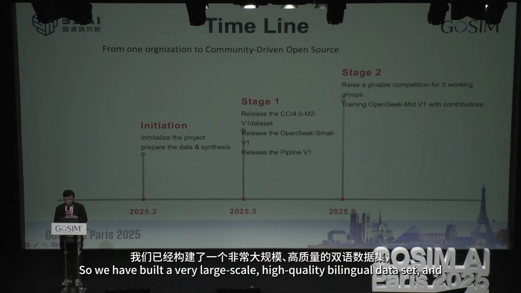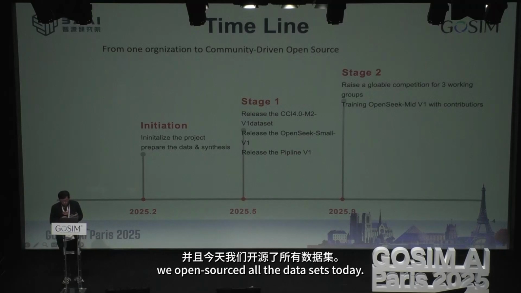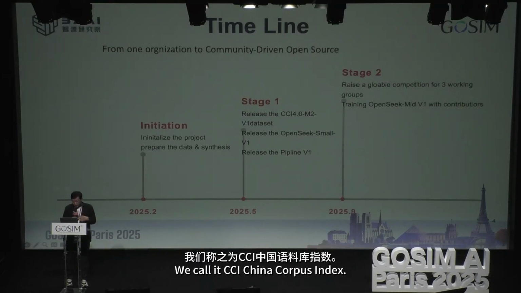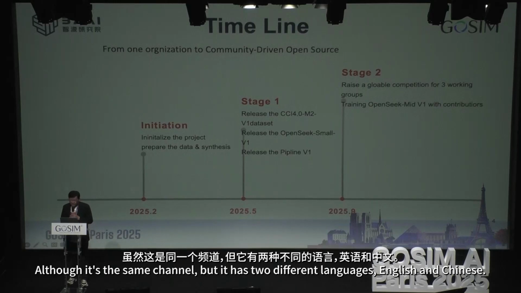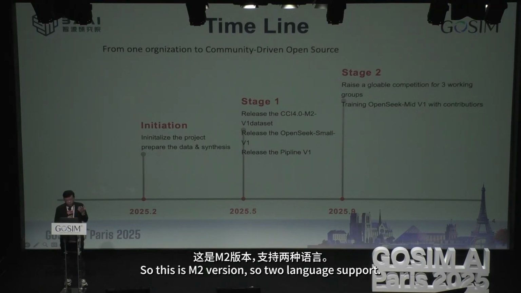We have built a very large-scale, high-quality bilingual data set and open sourced all the data sets today. We call it CCI, China Corpus Index. Although it is named China, it has 2 different languages, English and Chinese. This is the M2 version, with 2 language support.